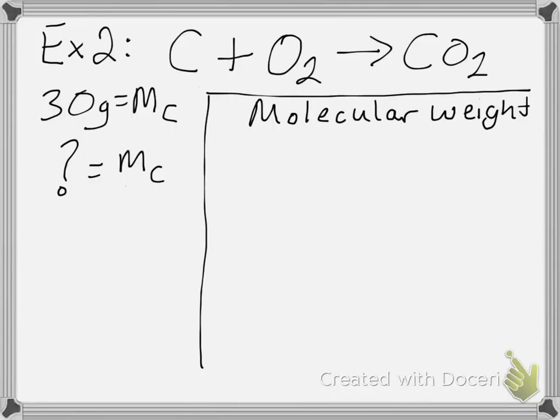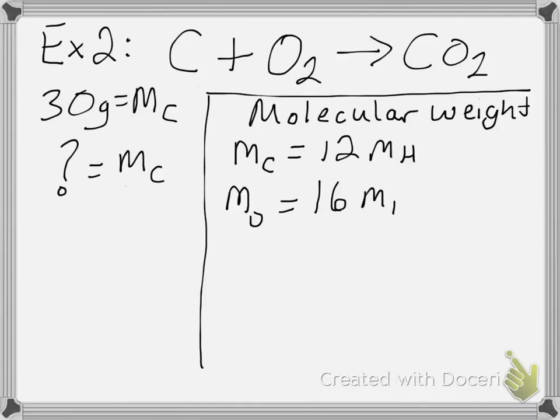carbon, the mass of one carbon atom was equal to about 12 times the mass of a hydrogen atom. And the mass of an oxygen is about 16 times the mass of one hydrogen. And so if I have CO2, then I need 2 of these guys.